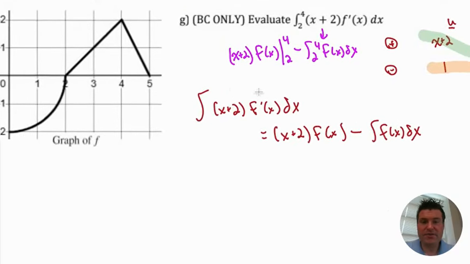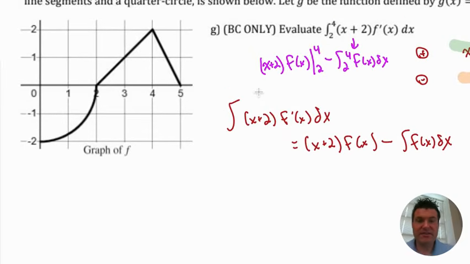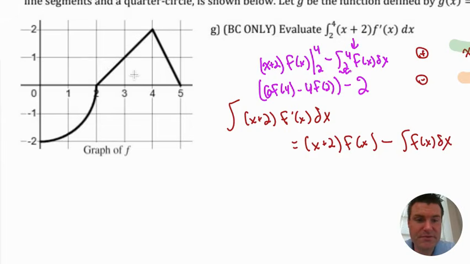And substituting in, I'm going to keep this graph over here to the left so that you can see that. So plugging these values in, I'm going to get 4 plus 2, which is going to be 6 f of 4 minus 4 f of 2 minus the area from 2 to 4 here of f of x is clearly 2. So this part right here underlined is 2.